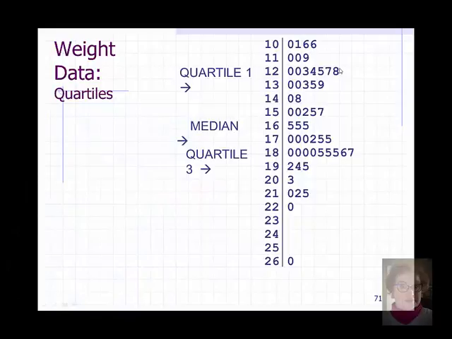And so our quartile 1 is going to be right here between 127 and 128. We know that our median is our 165 right here. And we know that our quartile 3 is right in here.